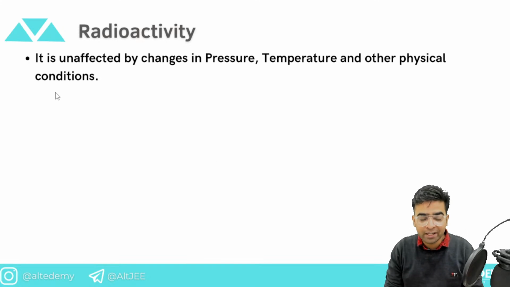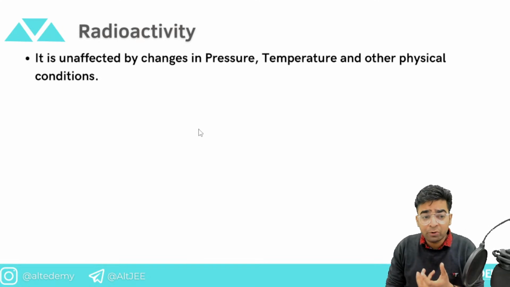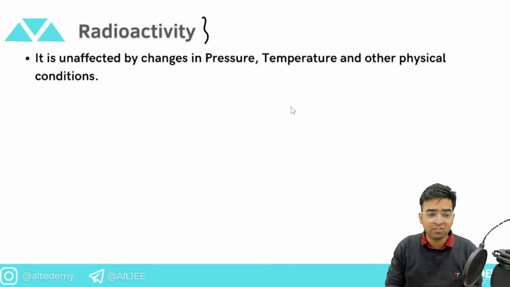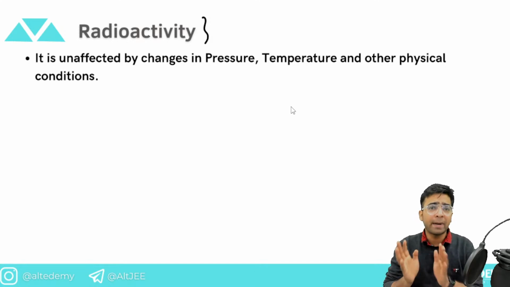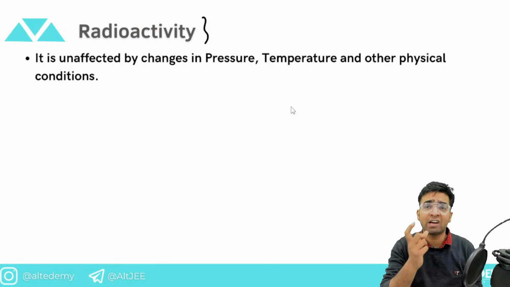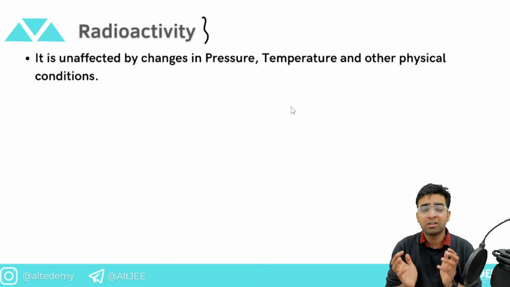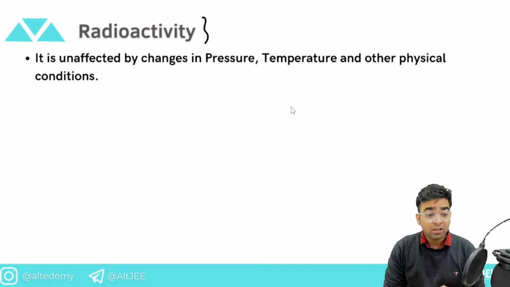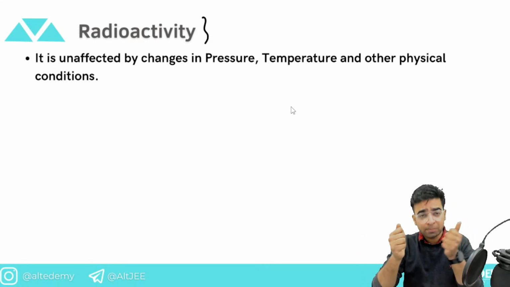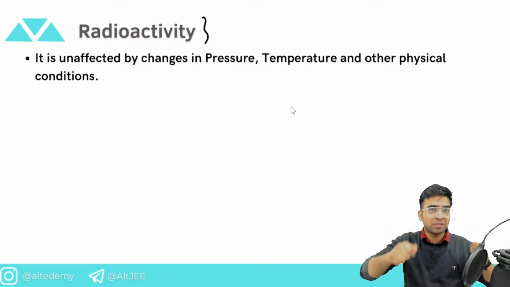After that, radioactivity is unaffected by parameters like pressure, temperature, and other physical conditions. It doesn't depend on that, like the gravitational constant, which is not affected by the medium. Take two particles, place them in water, place them in ice, place them in a vacuum.